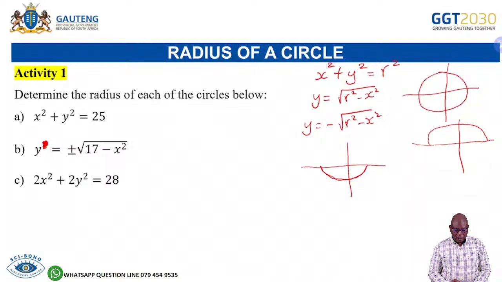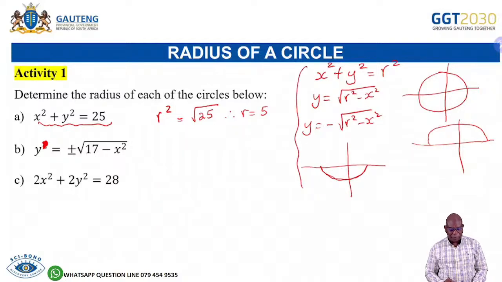Now in this case we have x squared plus y squared equals r squared. The r squared is 25, but now I need a radius. So what will be my radius? r squared is 25. Remember, the r will always be positive. So my r in this case will be equal to the square root of 25, which is 5.